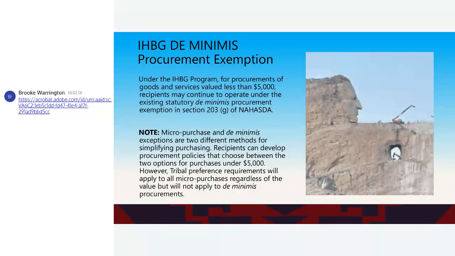Recipients can develop procurement policies that choose between those two options for purchases under $5,000. Tribal preference requirements will apply to all micro purchases regardless of the value, but will not apply to a de minimis procurement, okay? That's confusing language. Make sure that you wrap your head around it, make sure that it's addressed in your policy, and then pick one or the other.